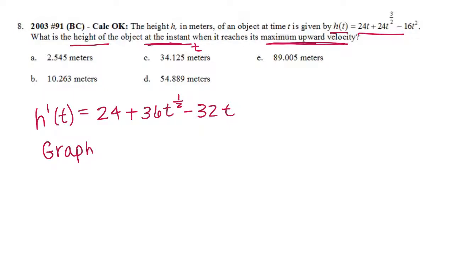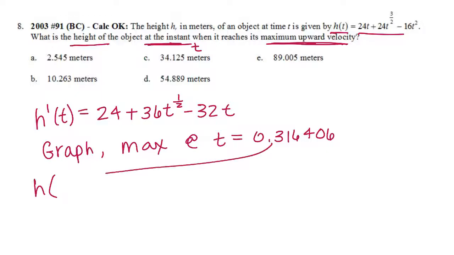And the max value, when you find that, the max should occur at time t equals 0.316406. And now I need to know the height at that time. So then I would go back and substitute in that t value into h. And when you do that, you should end up with answer choice B.